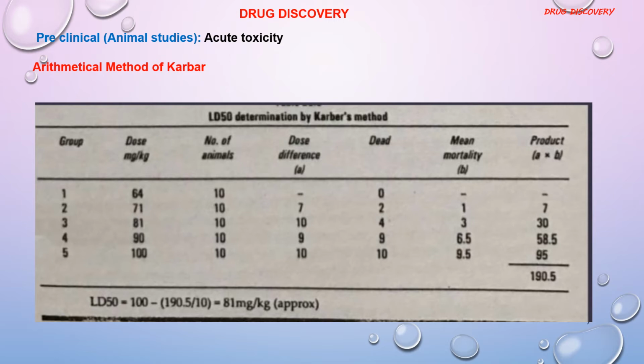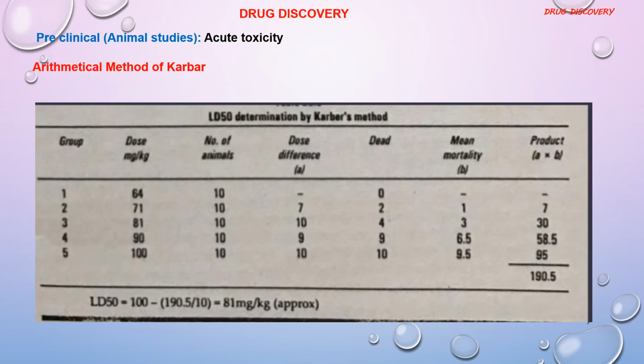The mortality of the animals was counted and recorded. For 64 mg per kg, there was no mortality. For 71, 2, 81, 4, for 90 mg per kg, 9, and for 100 mg per kg, 10.